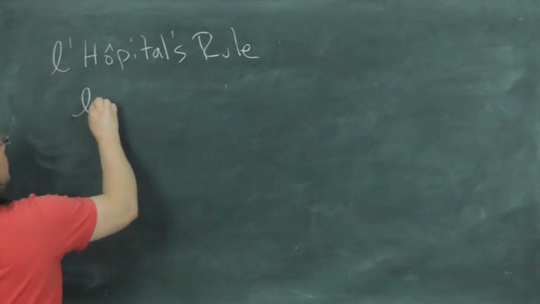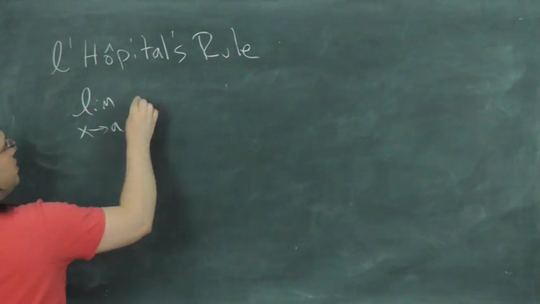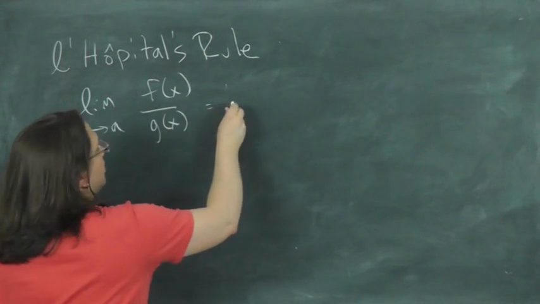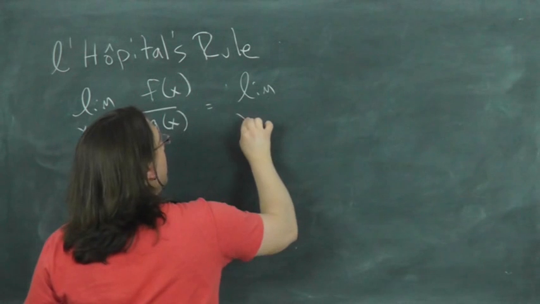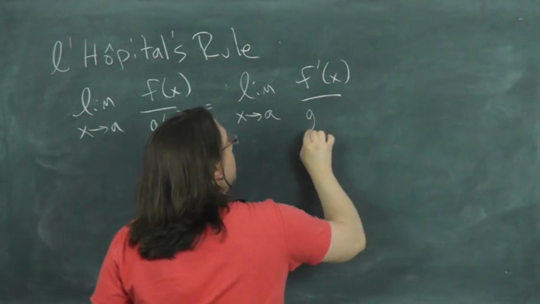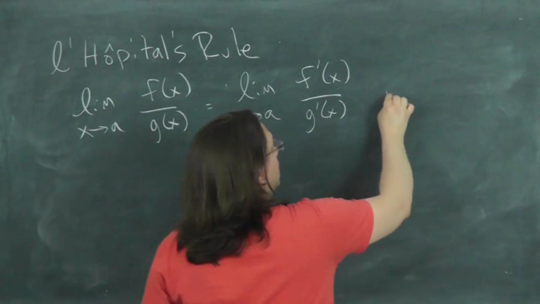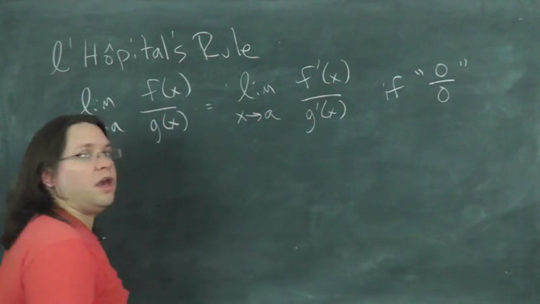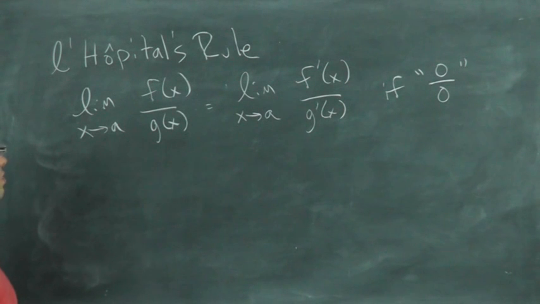So the limit as x goes to a of f of x over g of x is equal to the limit as x goes to a of f prime of x over g prime of x if we're in the case where the limit is a 0 over 0 type.